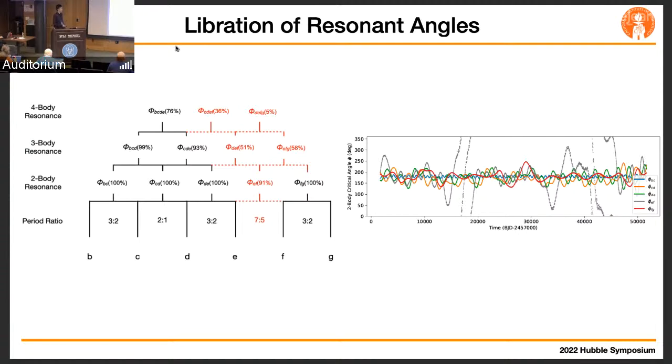On the right, we're showing the time evolution of the 2-body resonant angles. You can see nearly all of the resonant angles librate around 180 degrees. The only exception is shown by the gray color, which is planet pair E and F. This E and F pair stands out because it is the only second order resonance here. You can see the time evolution is kind of chaotic. It can change from a state of libration to circulation.